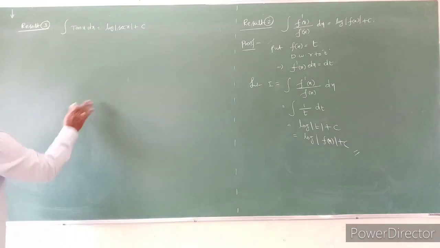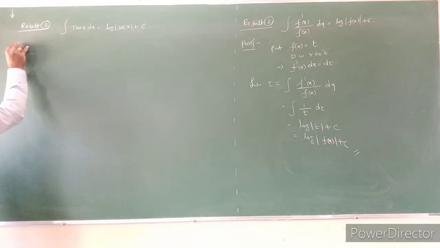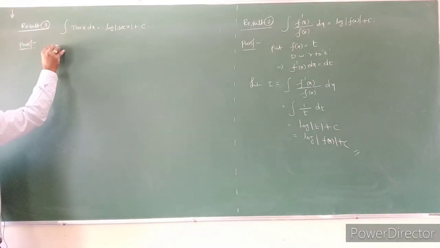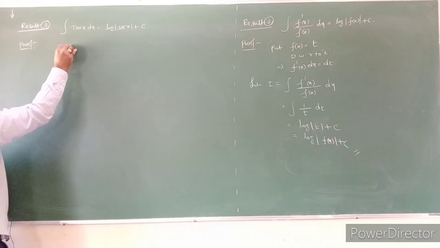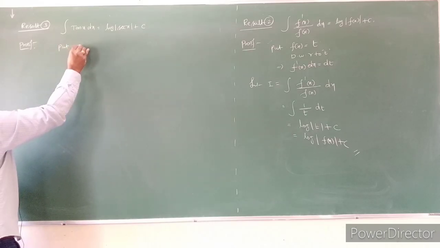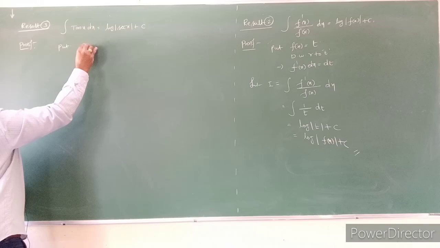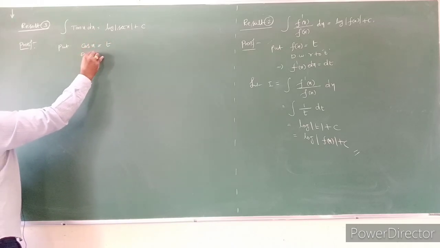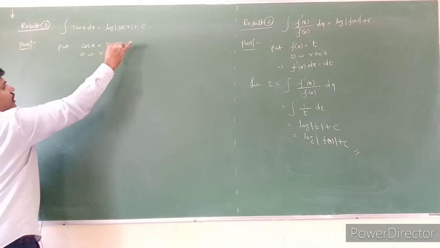See students, first I will put cos x is equal to t. What happens? Differentiate with respect to t.